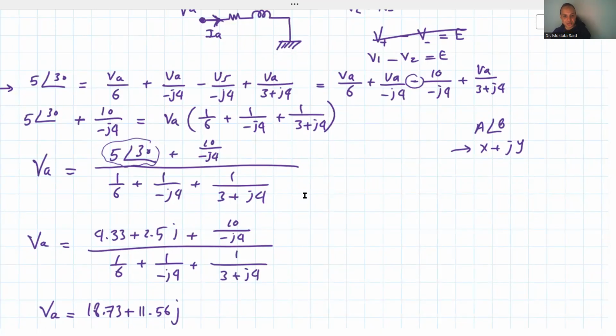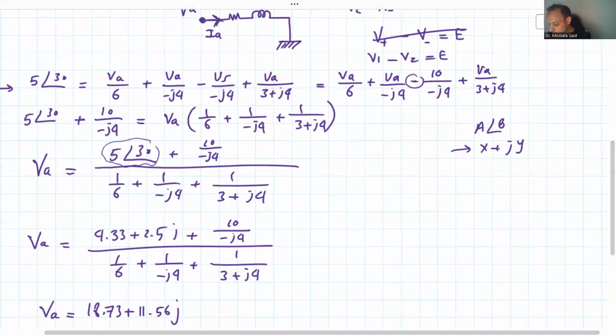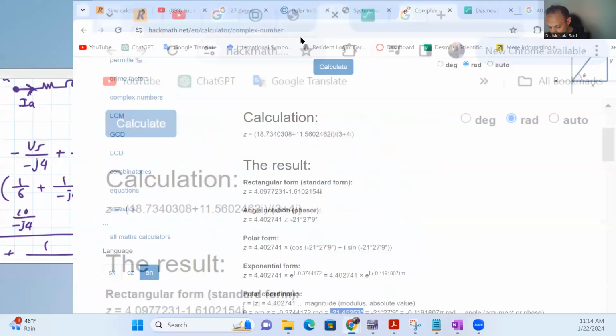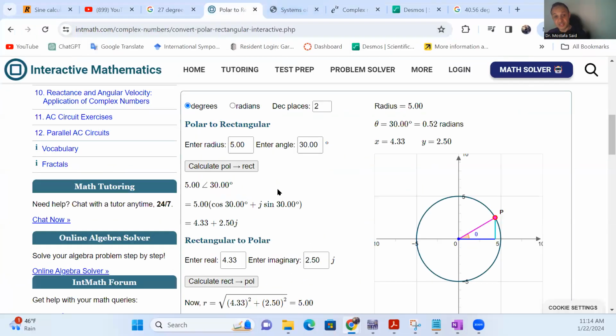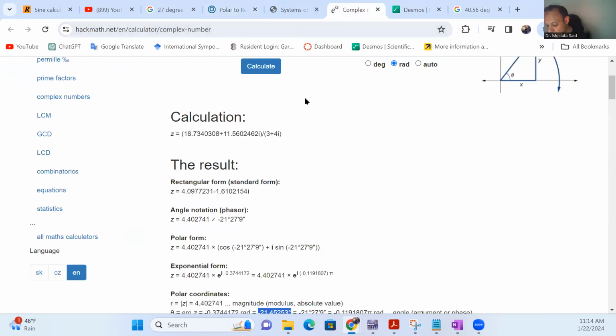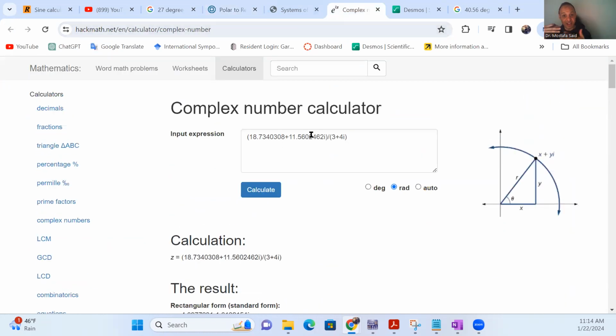Use online calculators, it will make your life so easy. We learned two websites. The first one I usually use to do the conversion from polar to Cartesian or rectangular and vice versa. And the second one is to do calculations like multiplication, addition, and division as well.